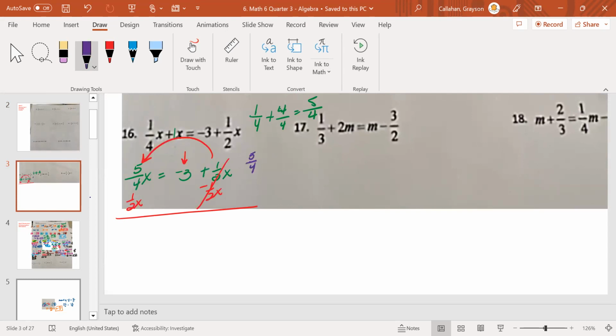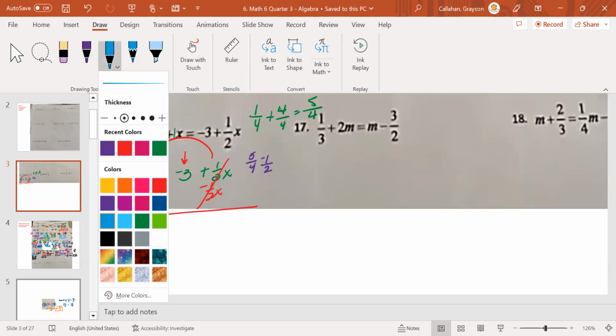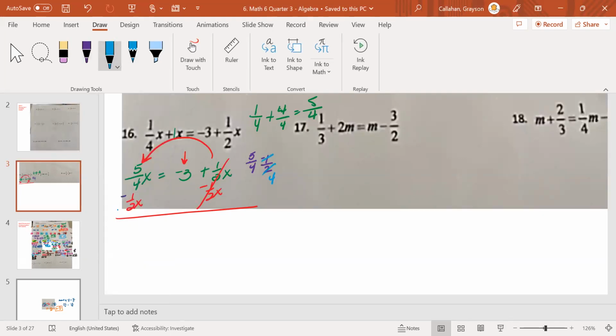So 5/4 minus 1/2. Your lowest common denominator in this situation is going to be a 4. So change out with a 2. 1 times 2 is 2. So when you subtract it, 3/4. So 3/4x equals -3.